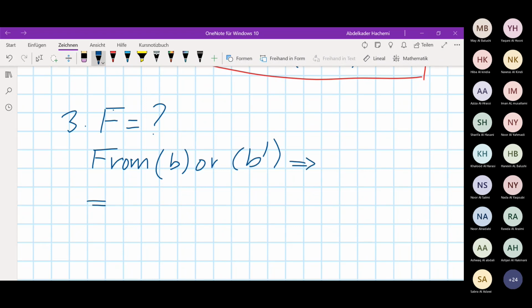Here we get N equal to mg minus F sine alpha. Okay, this I call C.